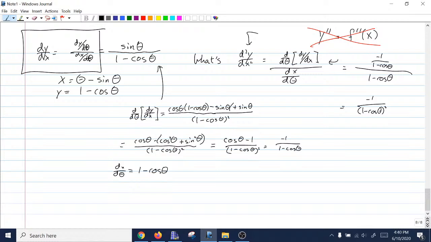Let's evaluate that at some points. What's d squared y over dx squared at theta equals pi? What is it at theta equals pi over 2? What is it at theta equals 0?